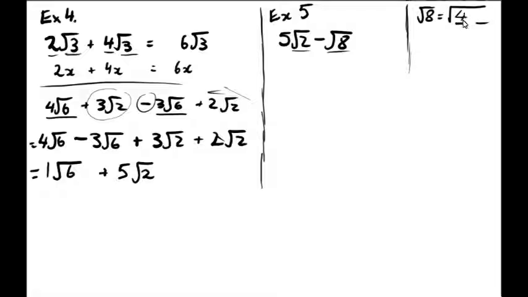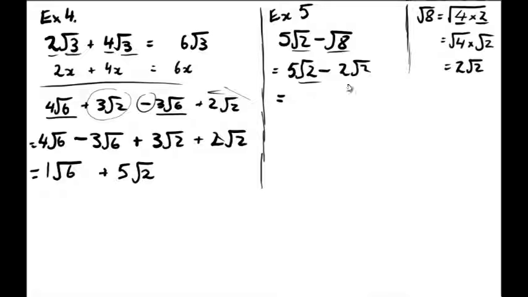We'll say 4 and 2 make 8. 4 is a perfect square, so we can split up that radical symbol as two separate ones. So the square root of 8 is 2 root 2.